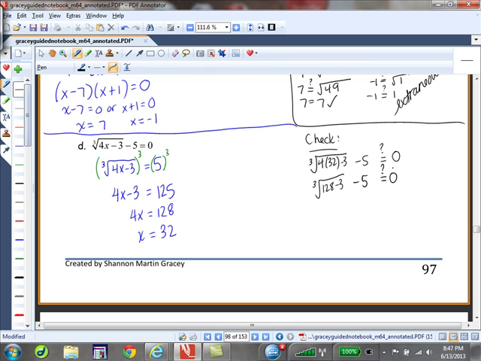Is that equal to 0? Cube root of 125 minus 5, is that equal to 0? 5 minus 5, is that equal to 0? 0 sure is equal to 0, so that one checks out. So our result at the end of the day is 32.